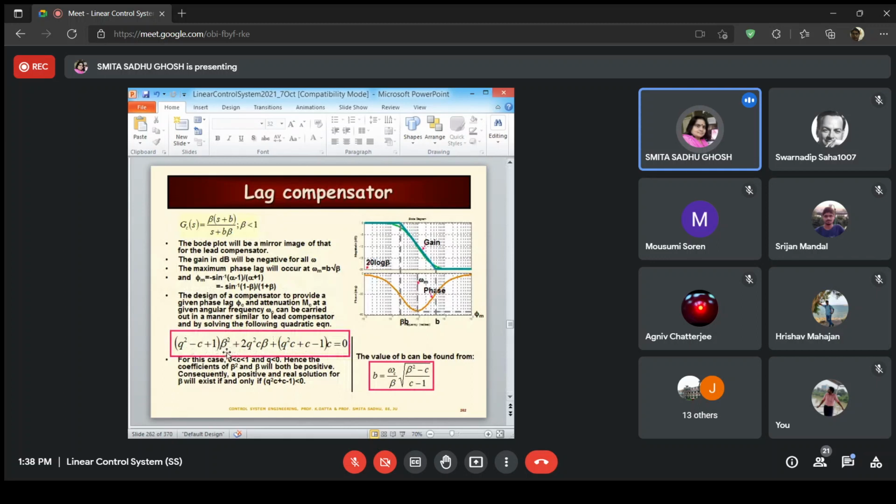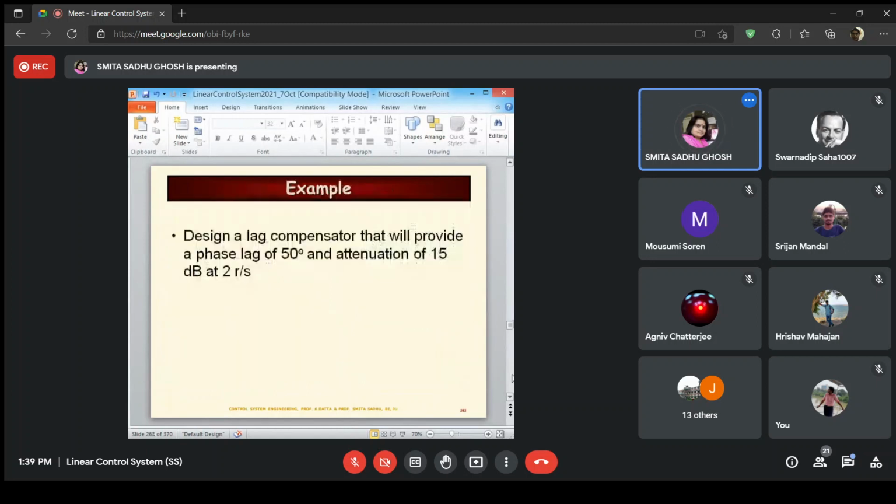Those two remain the same. And so you can put in those and then try to solve for beta. Once you get the value of beta, you substitute in this equation and get the value of b.